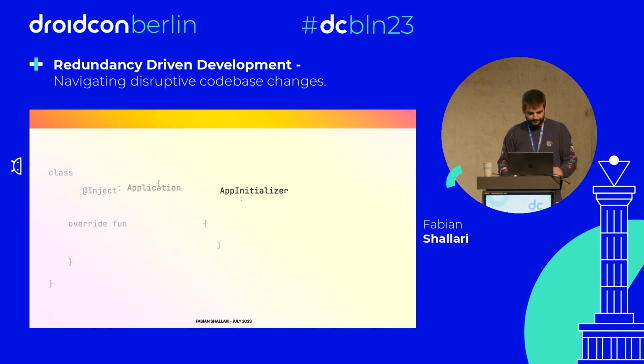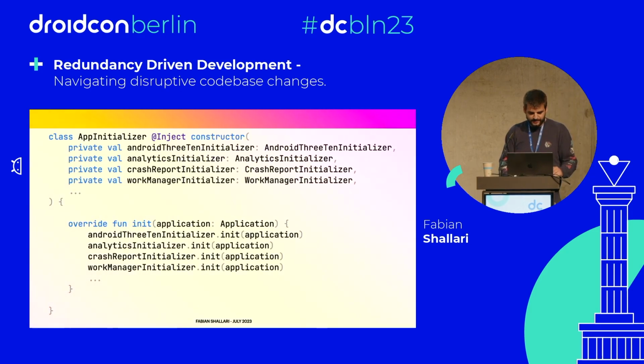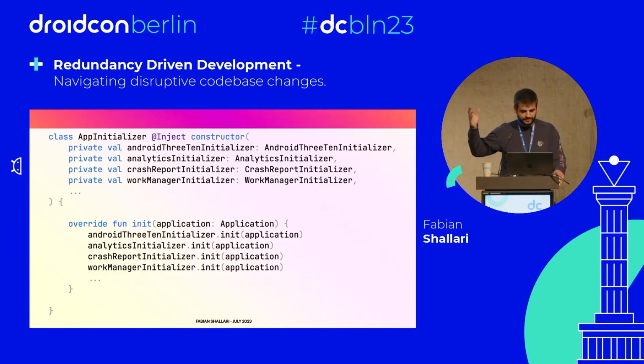And yeah, when I joined Payback, this is what it actually looked like. And it's not that bad, but there are a bunch of things which can be improved here. First, in the constructor, there's a duplication between the constructor and the init method, so you are kind of declaring what you need in two places.